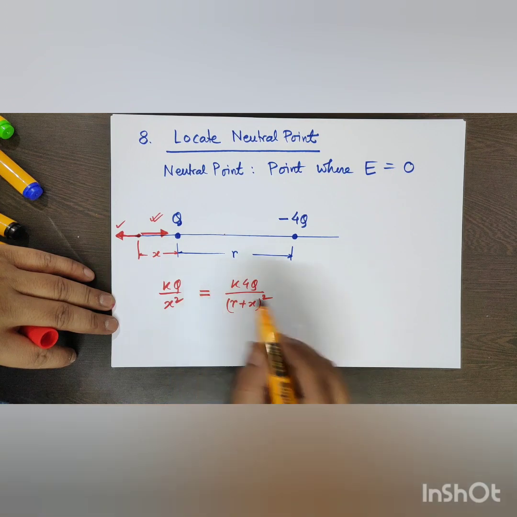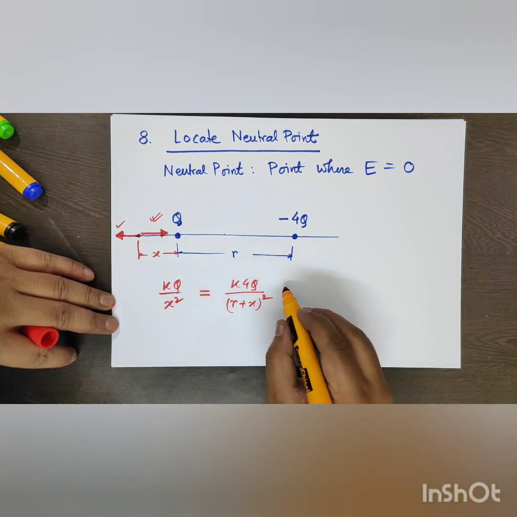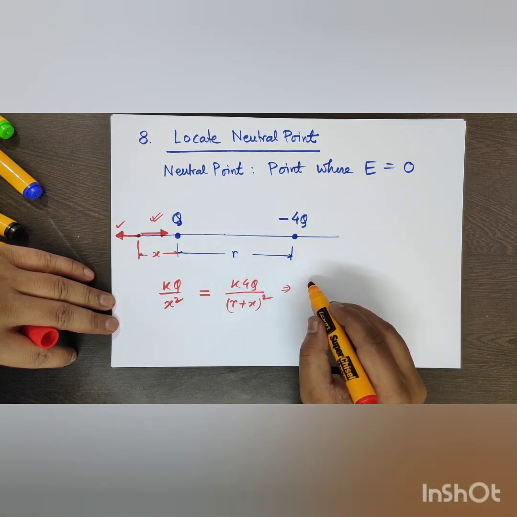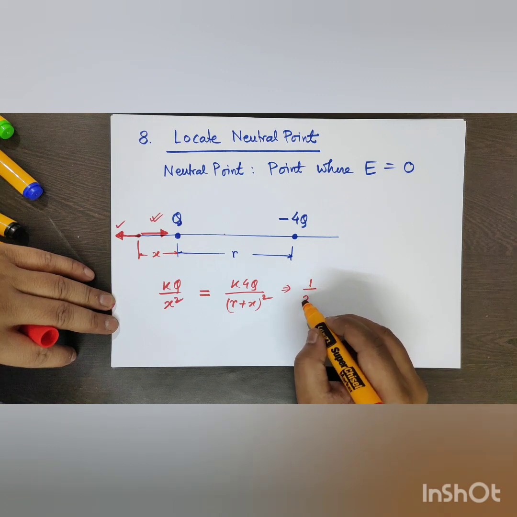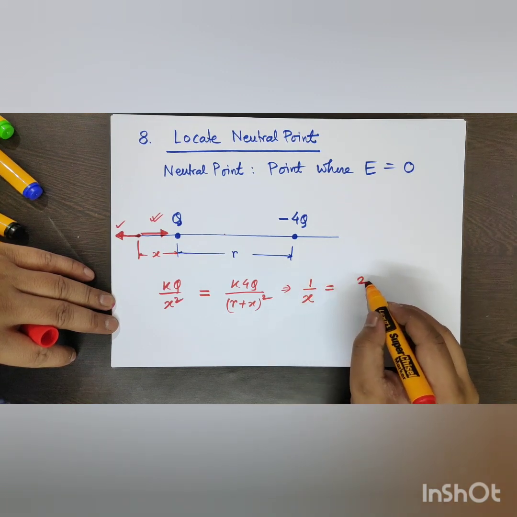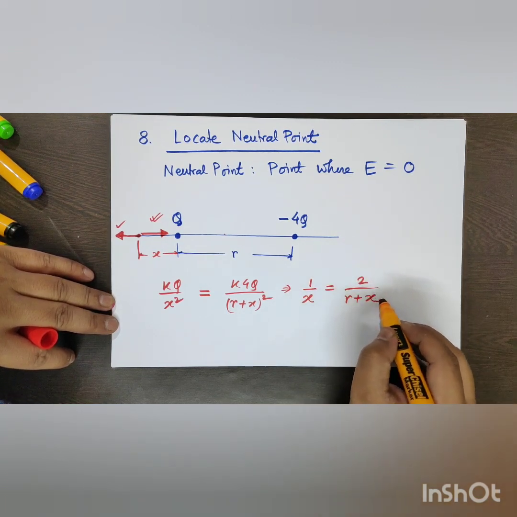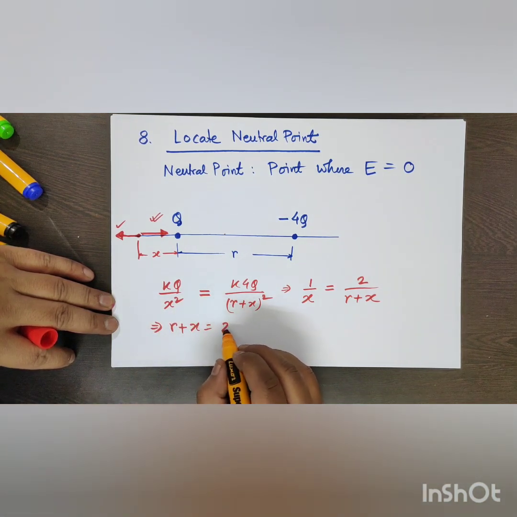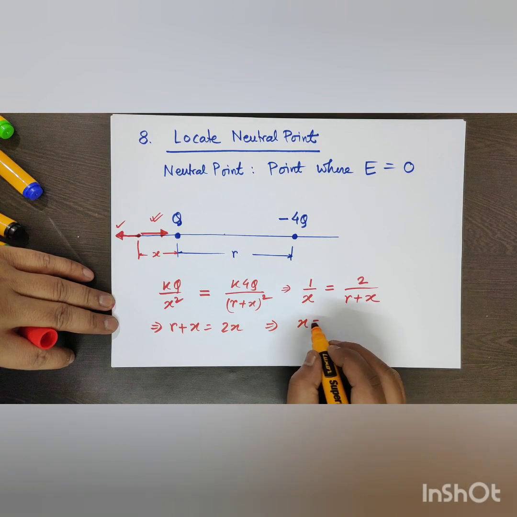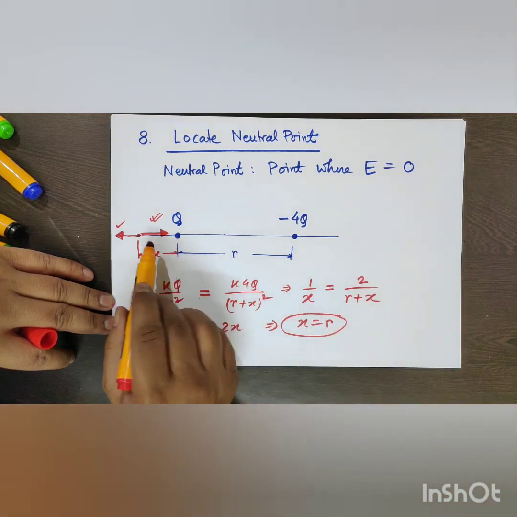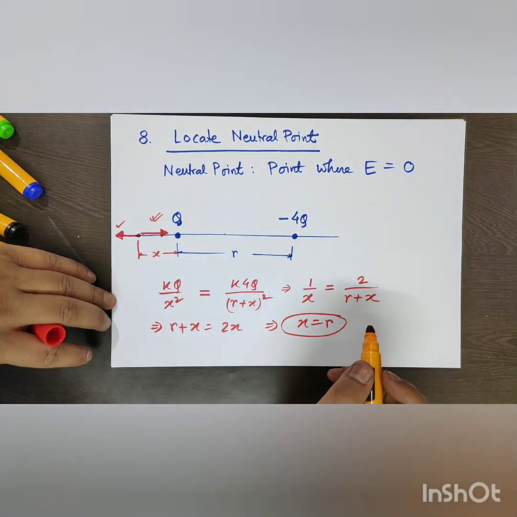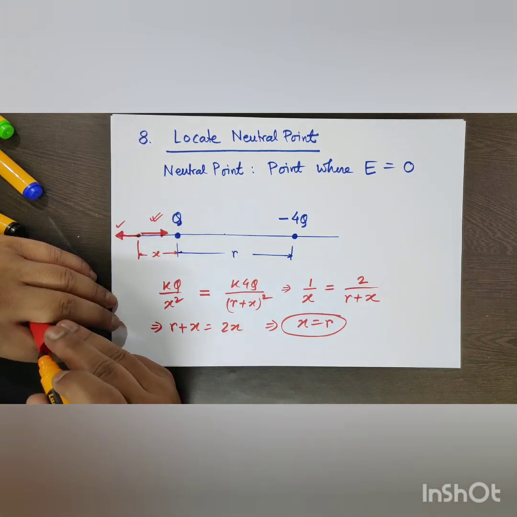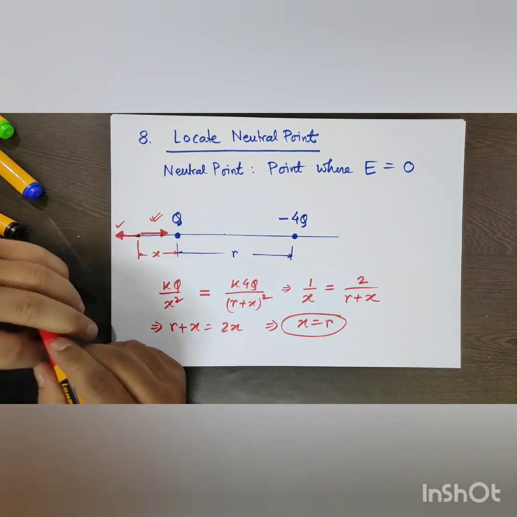Now just equate this, which implies, taking the square root, 1/x = 2/(r+x), which implies x = r, that is, at a distance r from charge Q to the left, you get a neutral point. Okay.